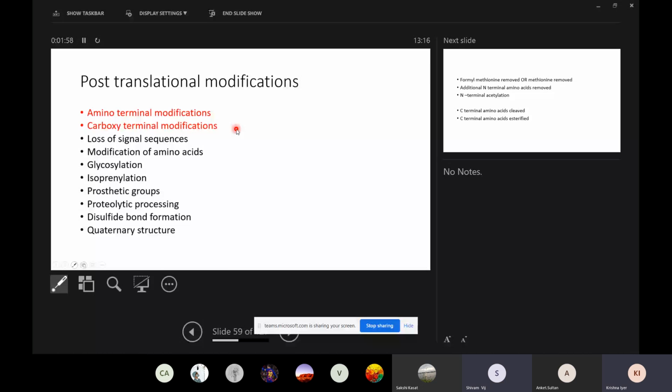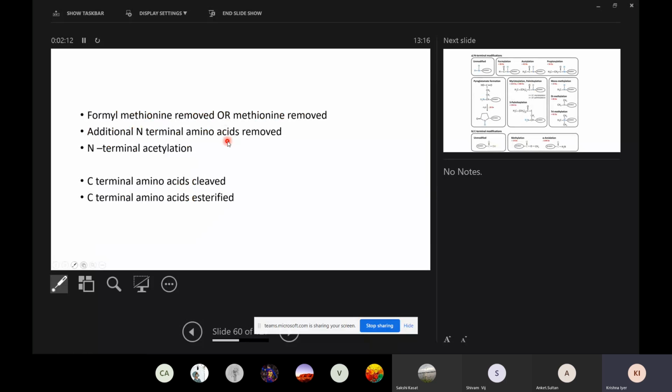So if you look at the first type, which is amino terminal modification and carboxy terminal modification, these are exemplified by the following. Remember that in prokaryotes, when protein synthesis begins, the first amino acid added is always formyl methionine, while in eukaryotes it is a regular methionine.